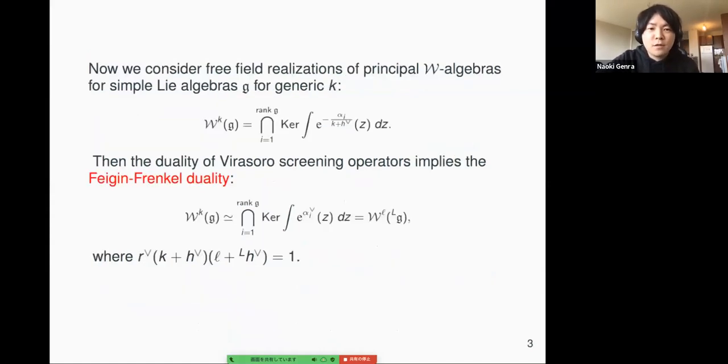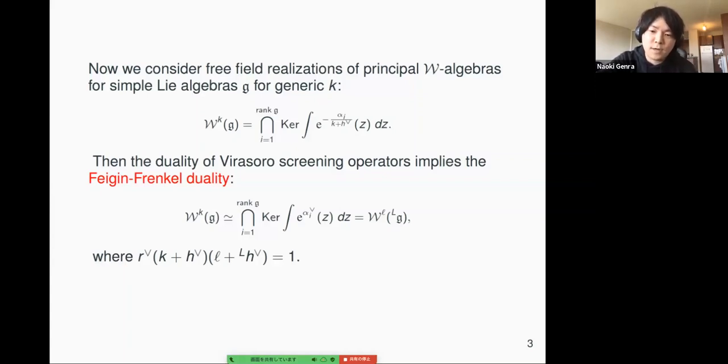So now we consider the free field realization of the principal W-algebra of a simple Lie algebra g. For generic k, it can also be described by the intersection of kernels of screening operators. They have the form E^(−alpha_i/√(k+h^∨))(z). This alpha_i is just a Heisenberg field corresponding to the root system of g, and h^∨ is the dual Coxeter number. Then the duality of the Virasoro screening operator implies the Feigin-Frenkel duality, because each kernel of a screening operator becomes a different screening operator.